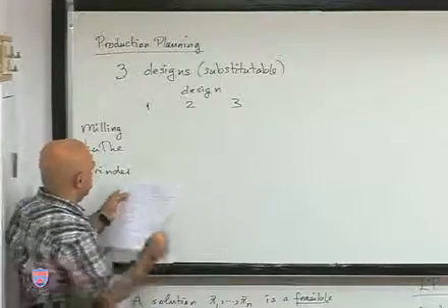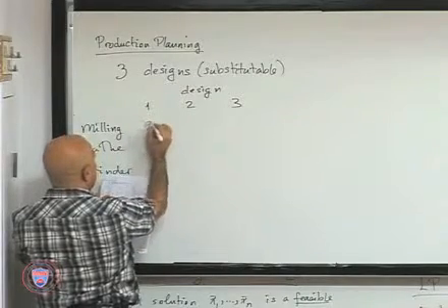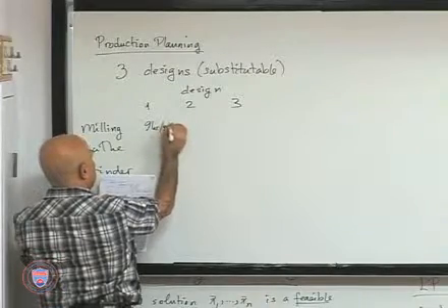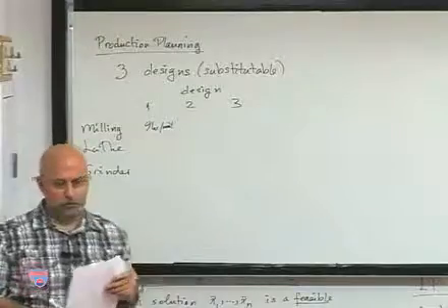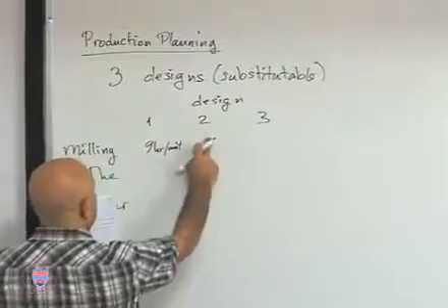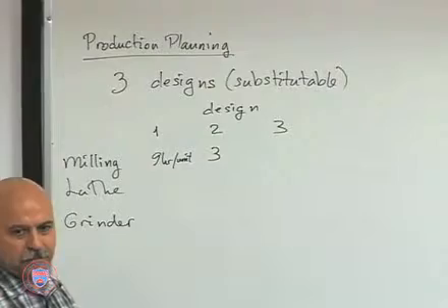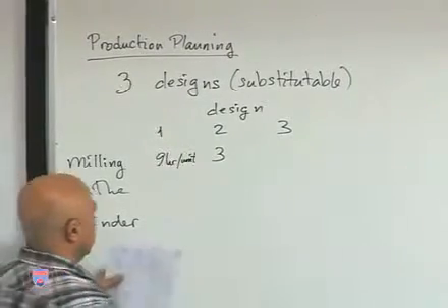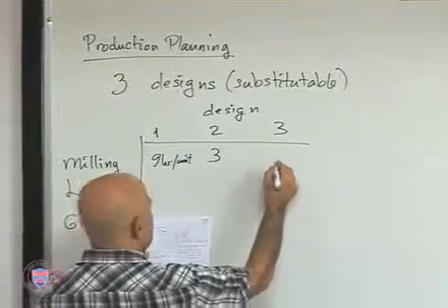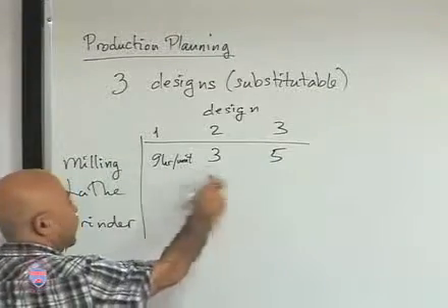So it turns out that for the first design in the milling department, you spend 9 hours per unit if you happen to use the first design. Okay? If you happen to use the second design, you spend 3 hours in the milling department. So that particular design is easier to work with in the milling department at least, and then 5 for the third design.